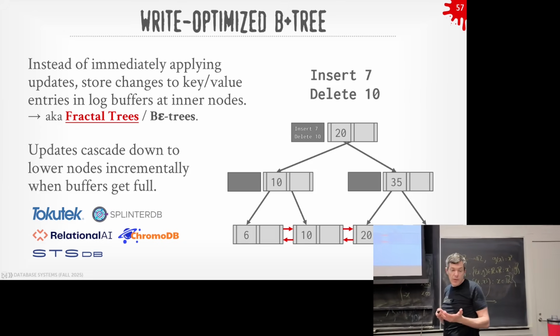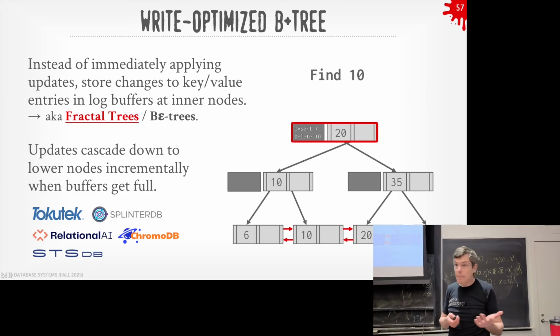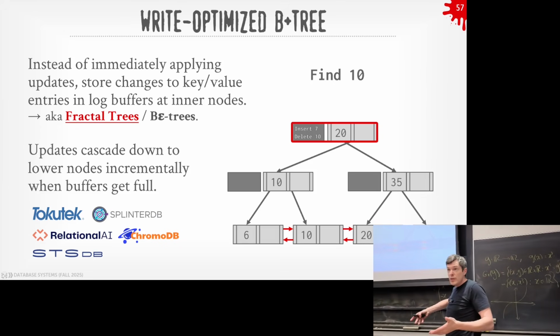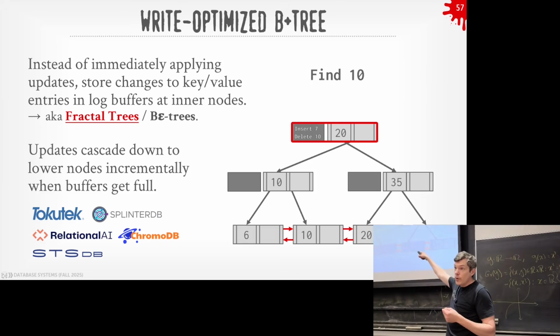So now if anybody comes along and wants to do a lookup on 10, you do the traversal like you normally do in a B+ tree, but you check the mod log first. And if the mod log contains the actual key that you want, then you can stop right there because you found what you want and you don't have to do traversal. So to find 10, I land in the root node, I look in the mod log, I see delete 10.